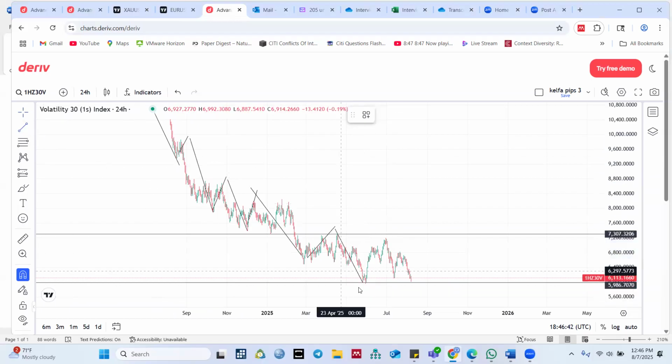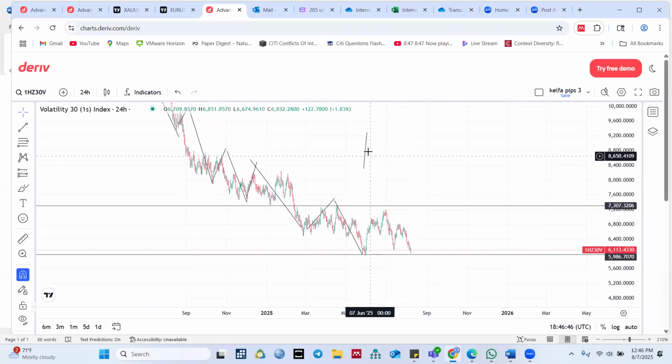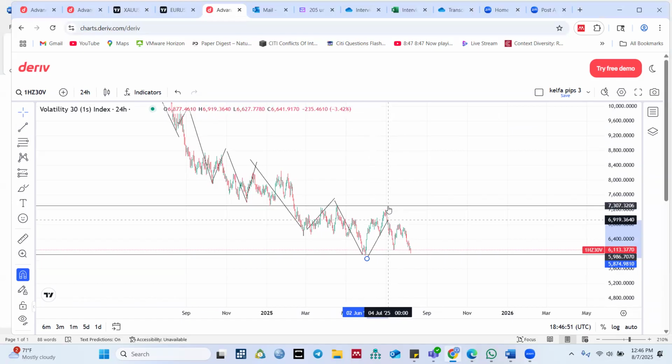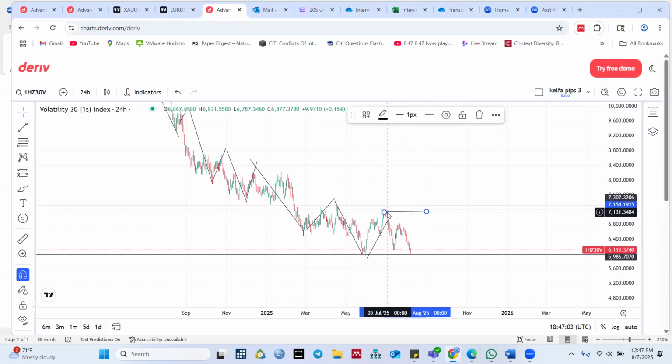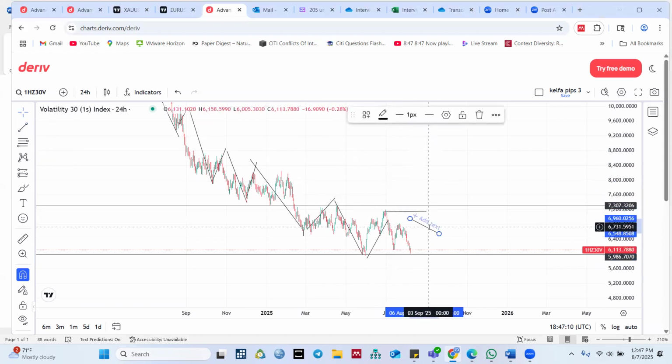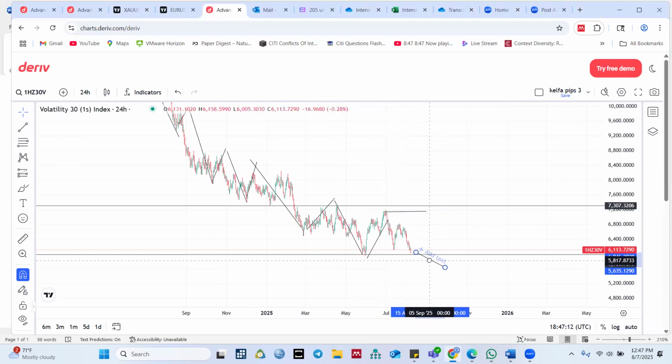And the last lower high we have seen is here. This is the last lower high that we have seen. After this high and this low, we've not seen price taken out here, and price has not given us a new low yet.